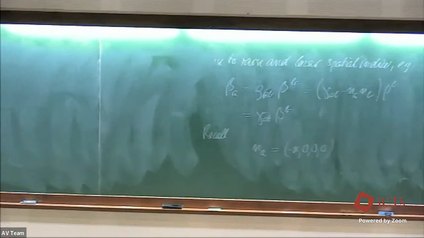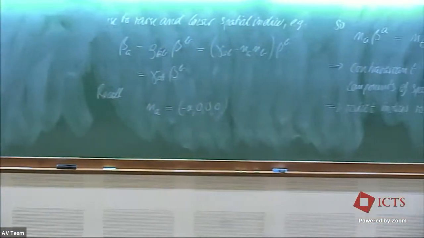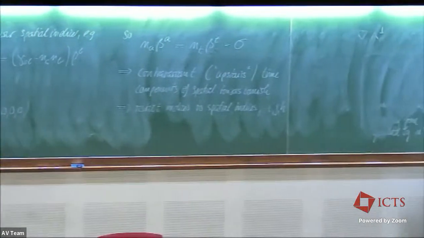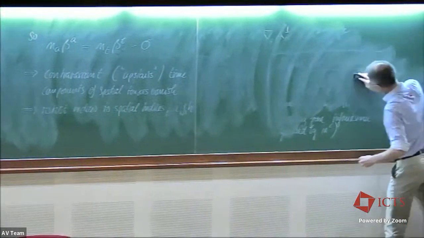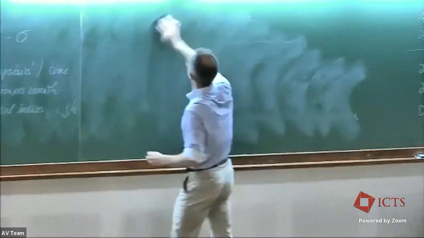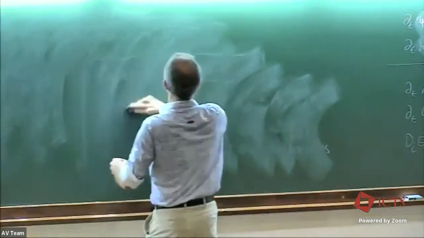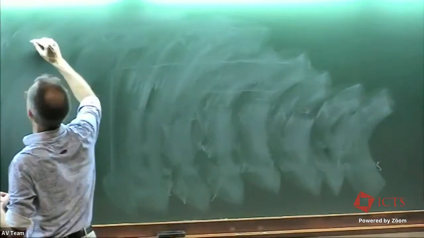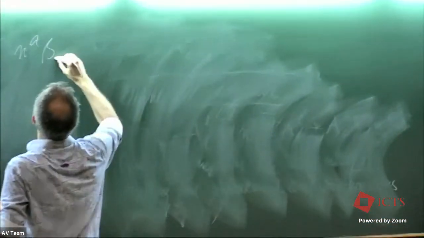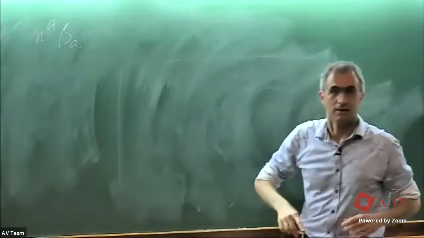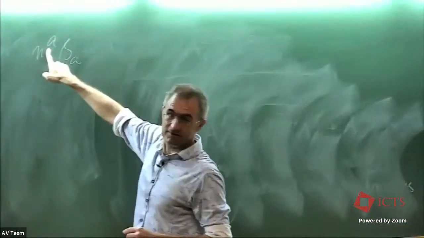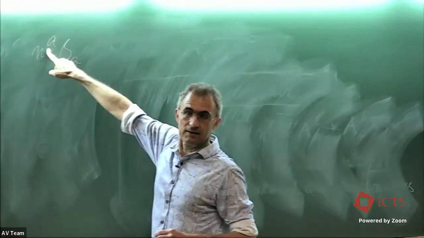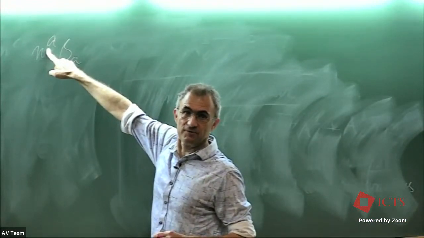Basically, if I wrote this the other way around, maybe I'll do it over here. Let's say I looked at this term, okay? Now, remember the upper components of n, even the spatial components may be non-zero.